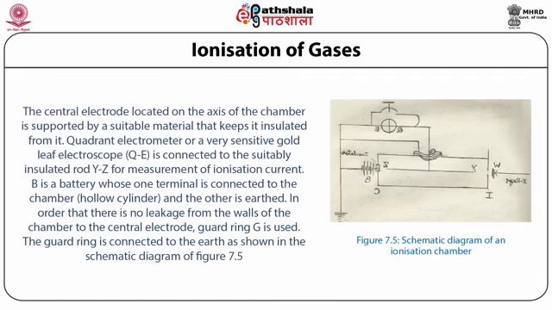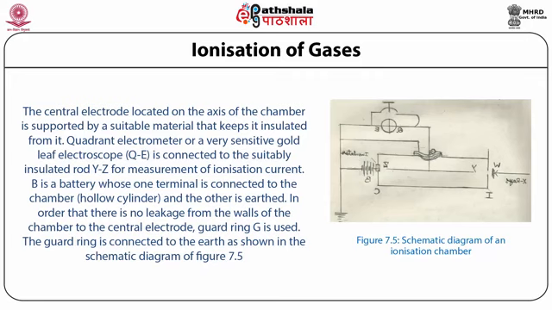The central electrode, located on the axis of the chamber, is supported by a suitable material that keeps it insulated from it. A quadrant electrometer or a very sensitive gold leaf electroscope QE is connected to the suitably insulated rod YZ for measurement of ionization current.